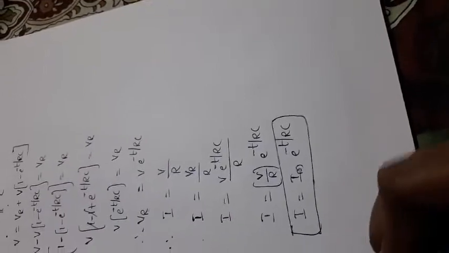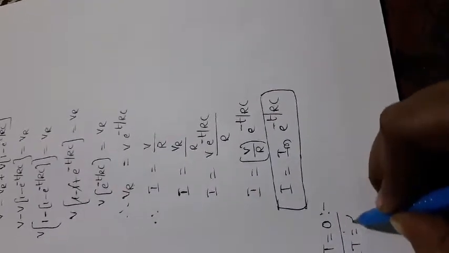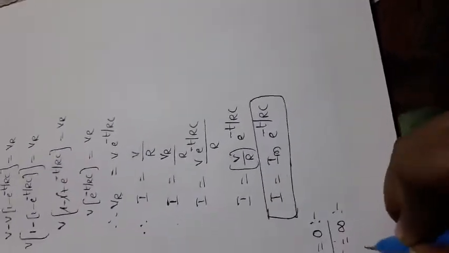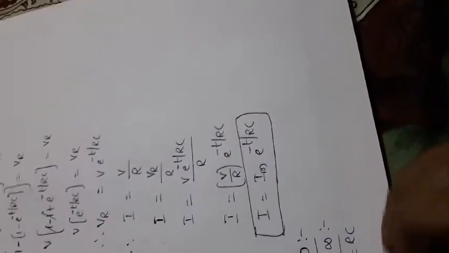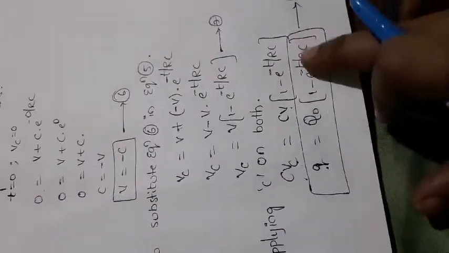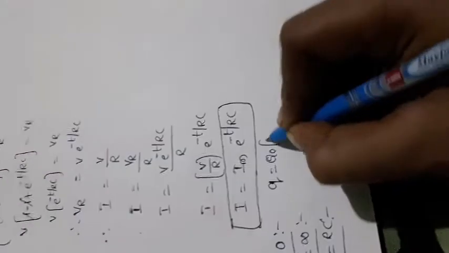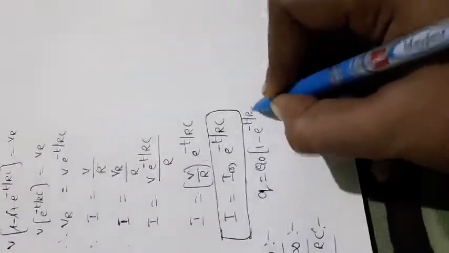Now in this we have to substitute three conditions: small t or capital T is equal to 0, another condition is t equal to infinite, and t equal to RC. These three conditions will be substituted in the charge equation. The charge formula is Q naught into 1 minus e power minus t by RC.